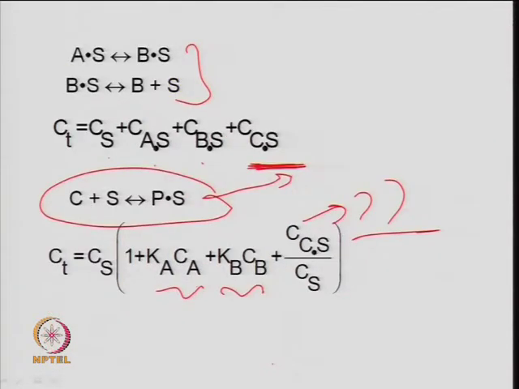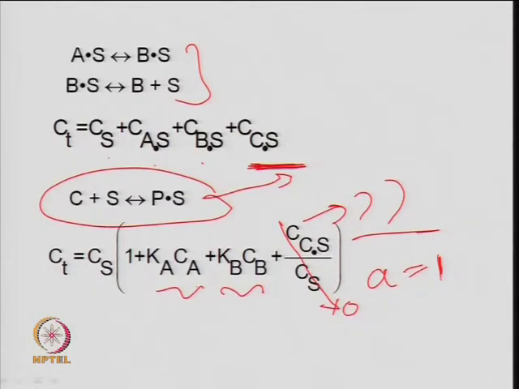So, here now this is the term which has come in the denominator. If there is no deactivation, then this term is 0, right, then A is 1 all the time. So, you have 1 plus K A C A plus K B C B, your usual Langmuir-Hinshelwood type mechanism for surface reaction rate control, where species A is adsorbing and species B is adsorbing on the surface.